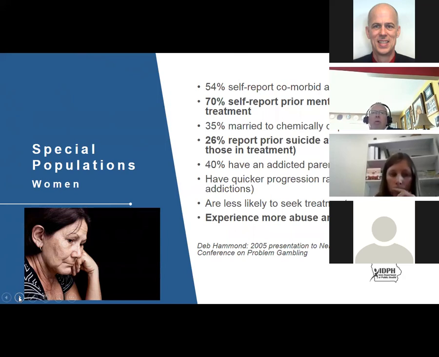Now, women are more likely to come into treatment than men, and they self-report at a 70% rate of prior mental health treatment seeking.